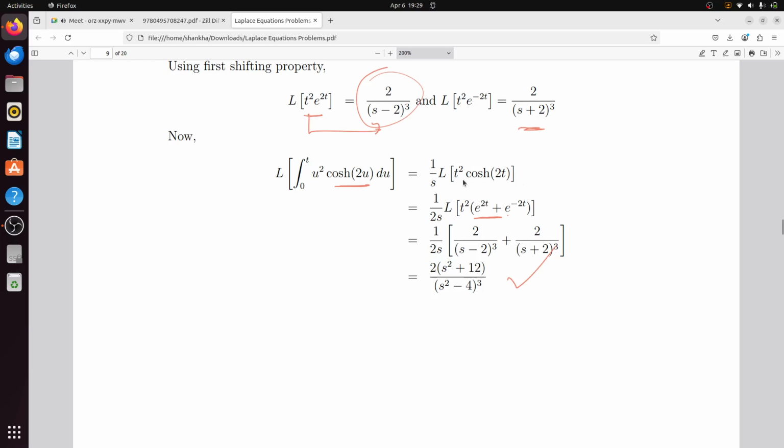Now you can take minus 1 square d square/ds square, that is two times derivative of that Laplace transform, so you will get the same answer. How this transformation happens, I just forgot, but I hope there is some rule to work it out like that.